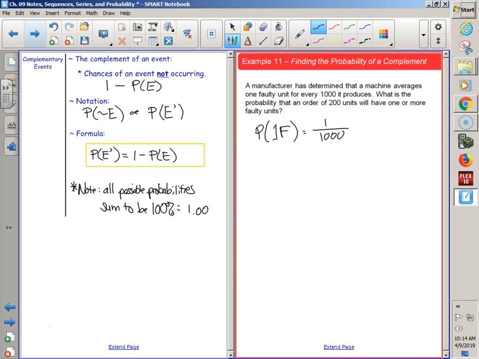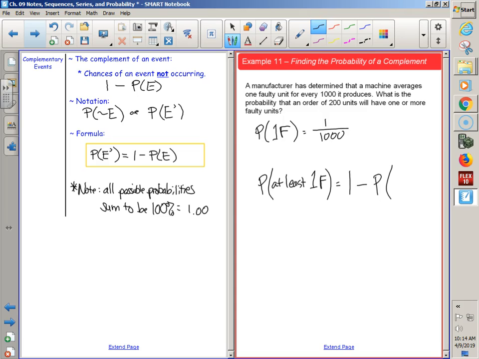I want to figure out, well, it seems like there are many ways to have 1 or more faulty. The idea of a complement is that everything adds up to 100%. Couldn't I do the probability of at least 1? Couldn't it be 1 minus the probability of the opposite? What will have happened if you don't have at least 1 faulty?